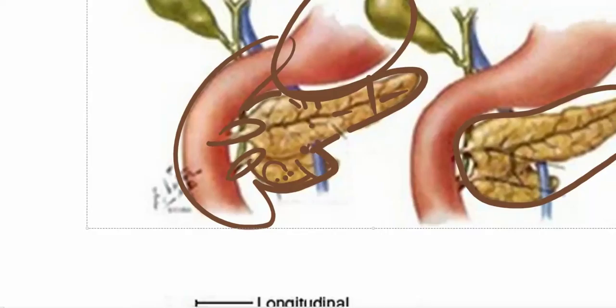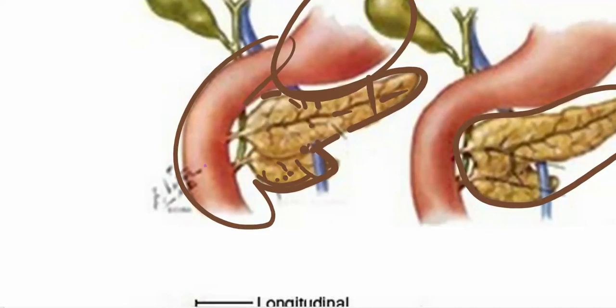That's it. So what is merging with the major pancreatic duct? The bile duct. Okay. What forms the bile duct? The right and left hepatic ducts merge with the cystic duct. Right and left hepatic duct fuse to form what?